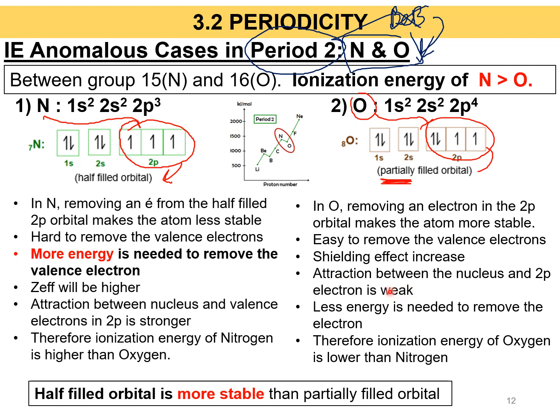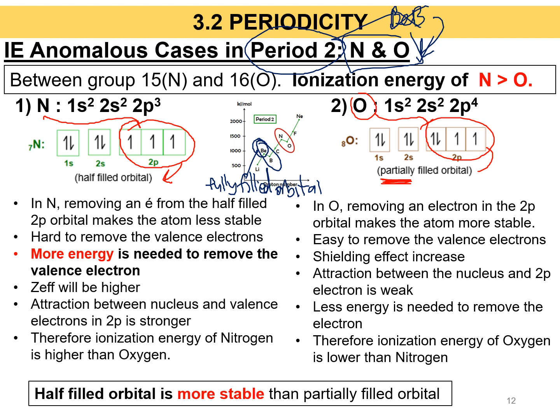Bila attraction dia weaker, therefore you memerlukan kurang energy untuk remove the electron. Sebab itulah ionization energy of oxygen is lower than nitrogen. Okay, so basically kalau let's say between Be and B, reason dia kenapa, because Be ada fully filled orbital dekat dia punya valence orbital.